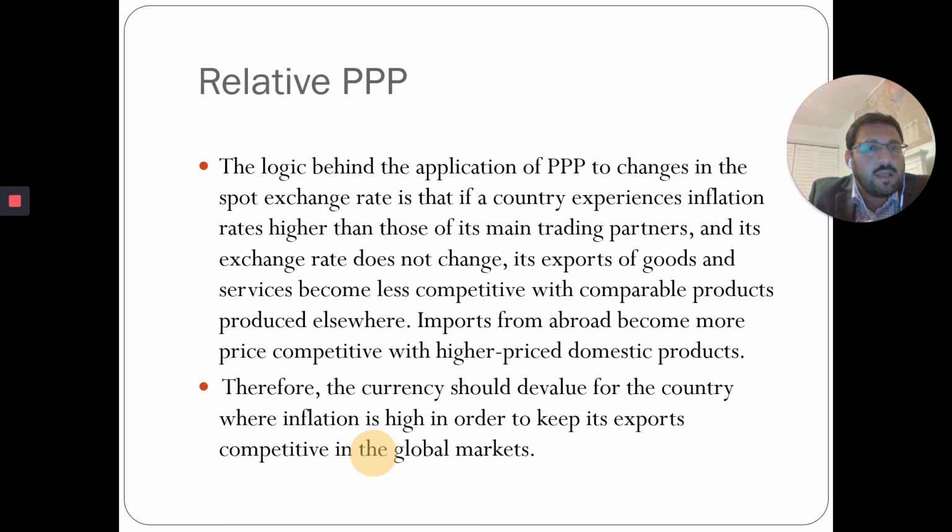The only way things will come into equilibrium is if the currency of the country with more inflation depreciates, and you have to pay more units of it to buy one unit of the foreign currency. So in other words, in order to remain competitive in the international market, the currency of the country with higher inflation should depreciate and offset the difference of inflation between the two countries.